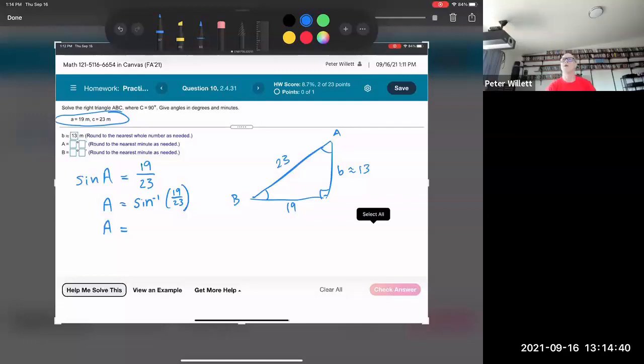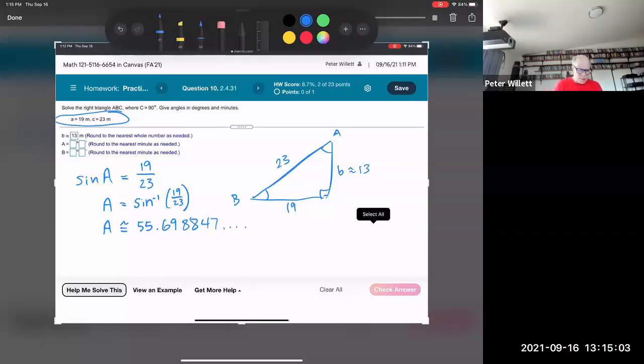And when I do the inverse sine of that, I get approximately 55.698847 and some more decimals on and on.